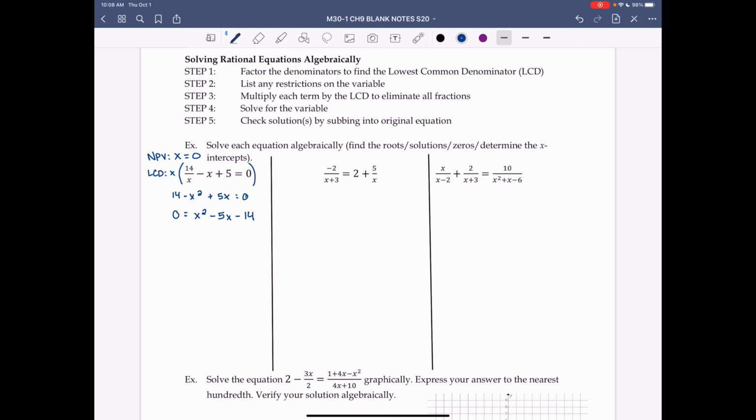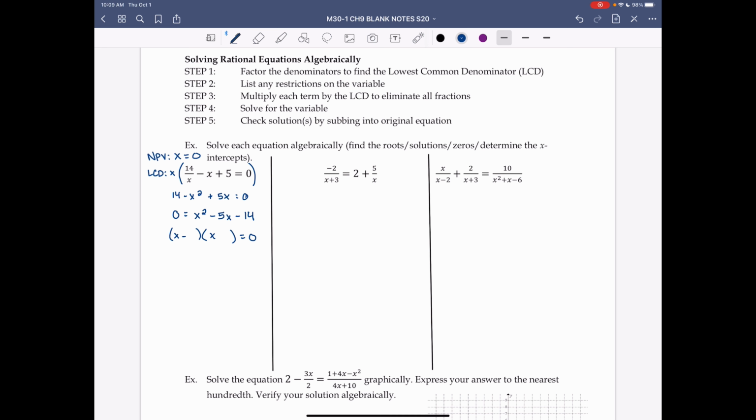Now we want to solve for our variable by factoring or using the quadratic formula. I'm going to factor this one. 2 numbers that multiply to negative 14 and add to negative 5. We'd have to have one positive and one negative since they multiply to a negative, and they add to negative 5.